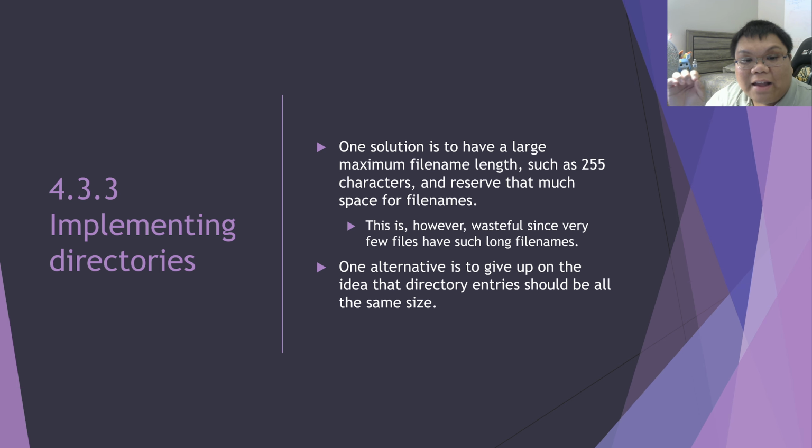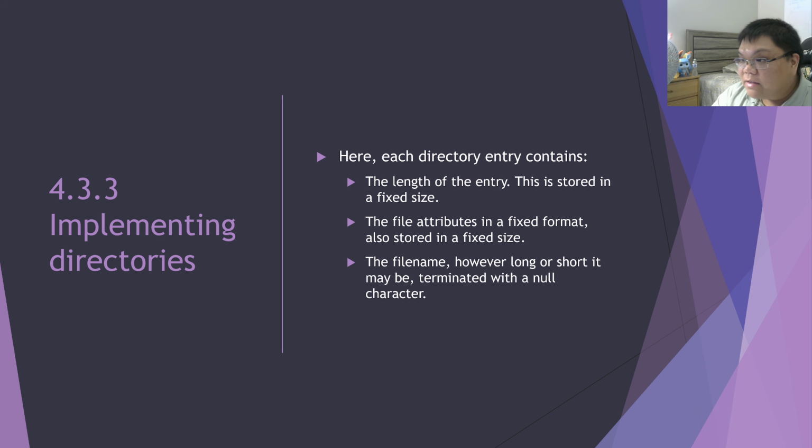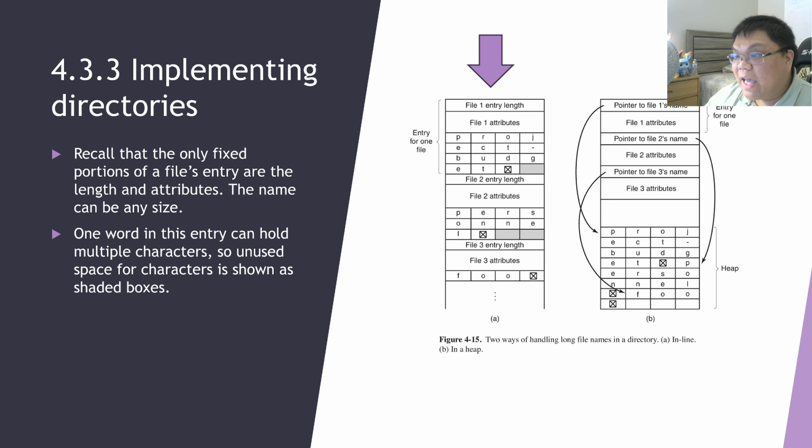So an alternative is to give up on the idea that all directory entries in the file system should be the same size. Each directory entry consists of fixed-size parts: the length of the entry, the file attributes in a fixed format, and then the file name. The file name can be as large as it needs to be.